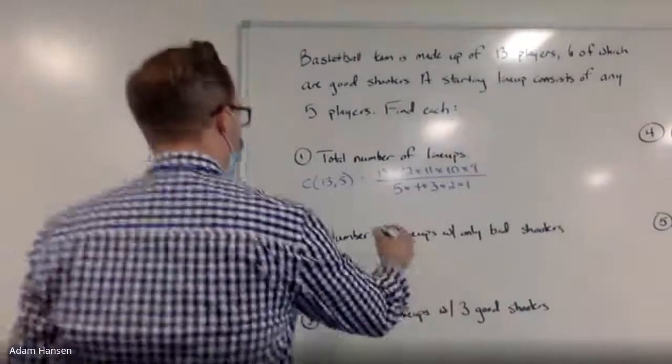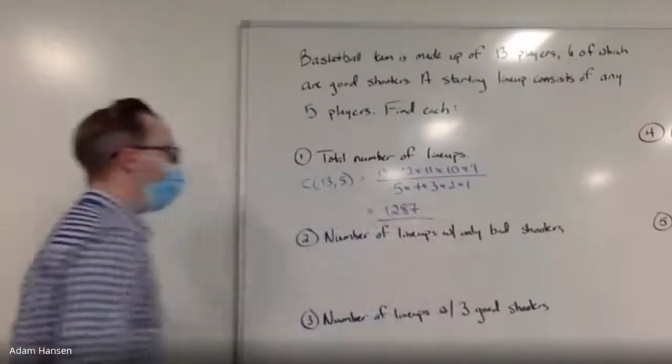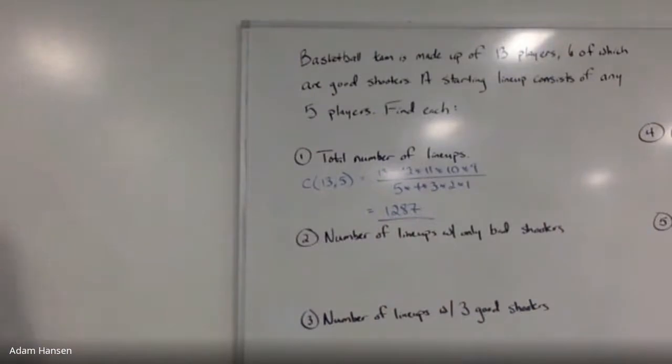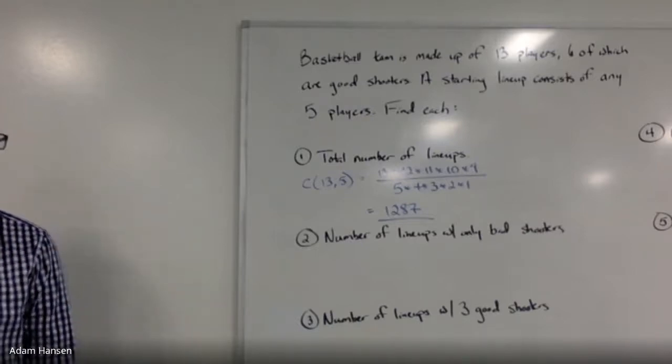So we got exactly 1,287 different starting lineups of 5 players for the basketball team. Did anybody have any problems remembering where that's at on our calculator? How to find combinations on your calculator?